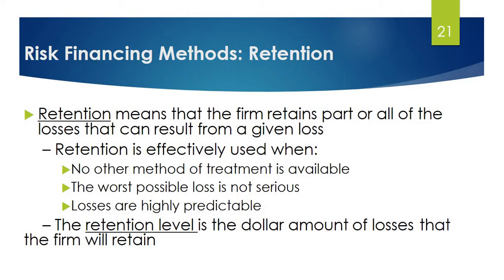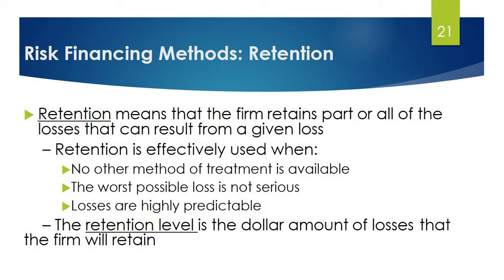Retention means the firm or the organization retains part or all of the losses either actively or passively. Active retention means the firm knows there is a loss exposure and it is intentionally keeping those losses.